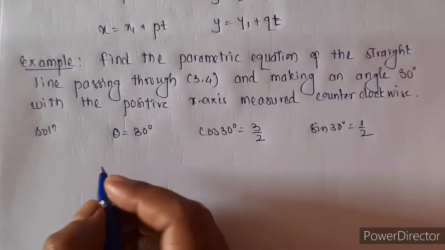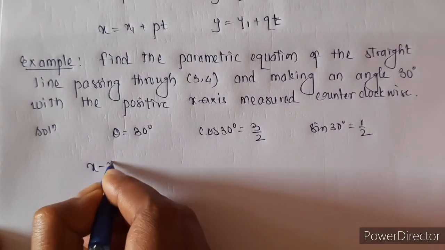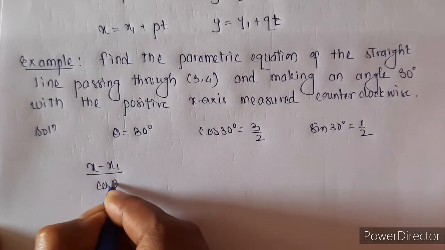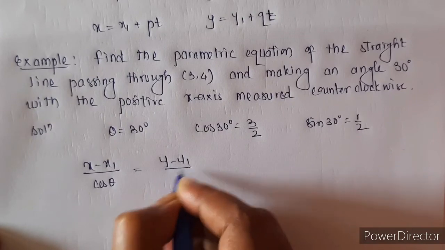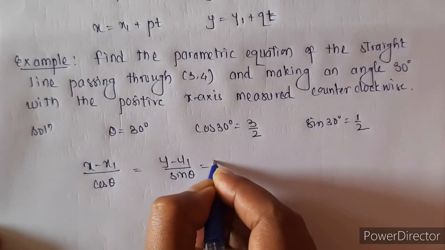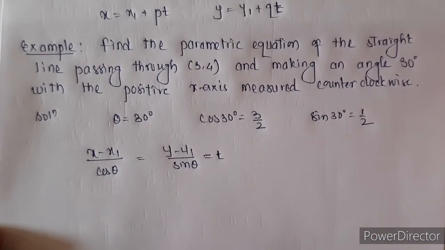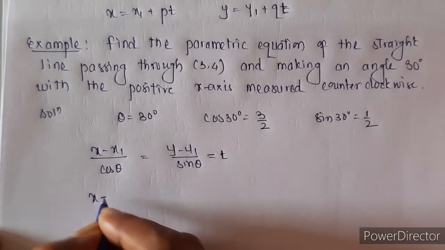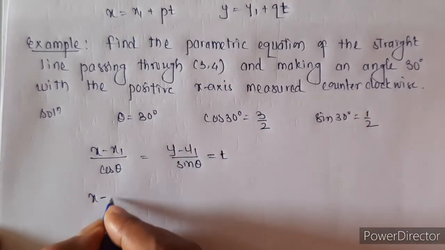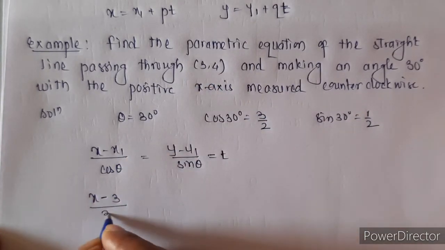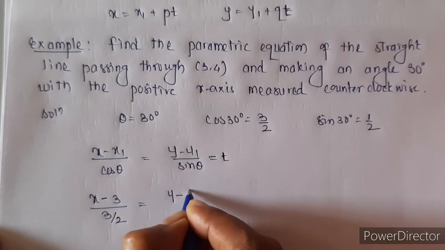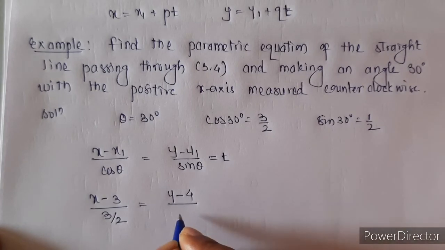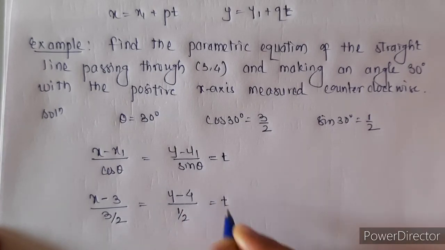Now parametric form is nothing but x minus x1 upon cos theta equals y minus y1 upon sin theta, which is equal to some parameter. So x minus x1, where x1 is 3, upon cos 30, root 3 by 2, y minus y1, where y1 is 4, upon sin theta, half, which is equal to t.